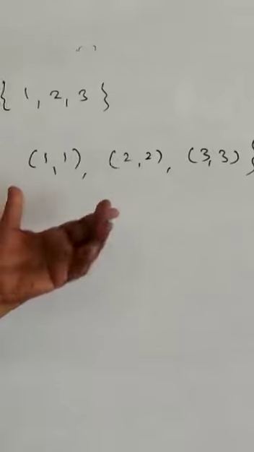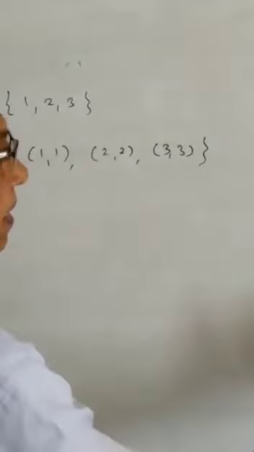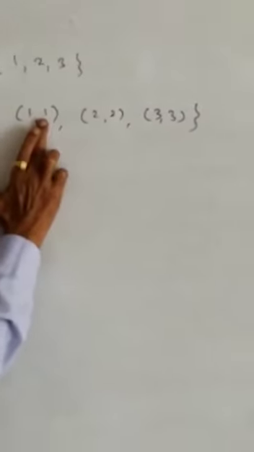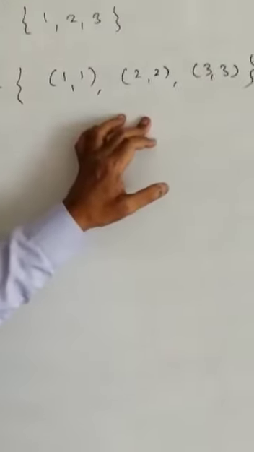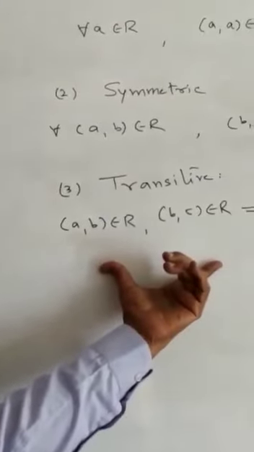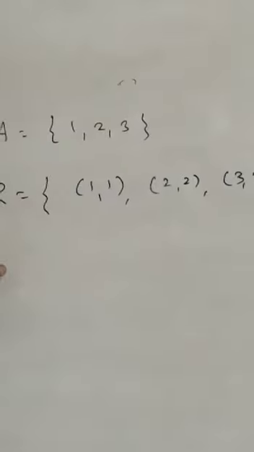We know that this relation is reflexive, but here there are no ordered pairs like (a, b) and (b, c), because for any ordered pair, the second element is not the first element of any other ordered pair. Within this relation, we are not able to get such a pair. Therefore, remember this point: if you are not able to get such a pair, then the relation is transitive. This relation is transitive.